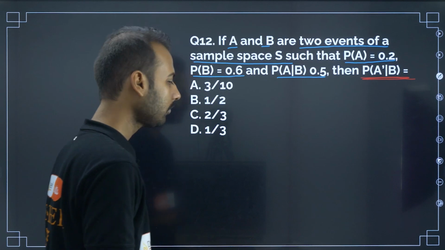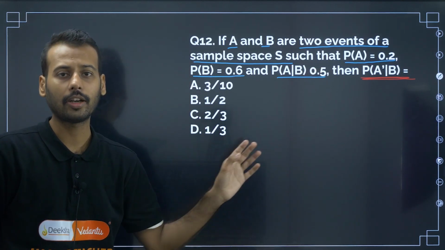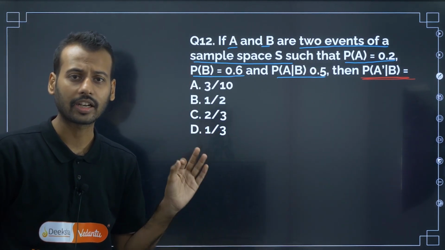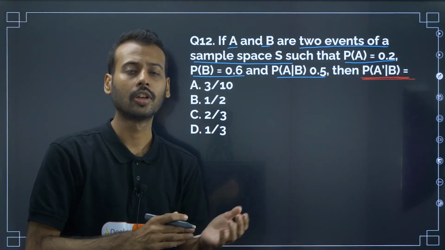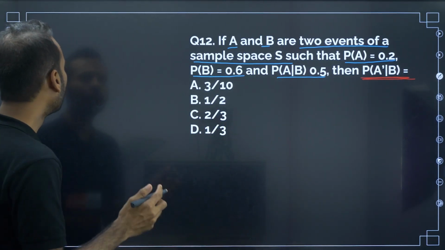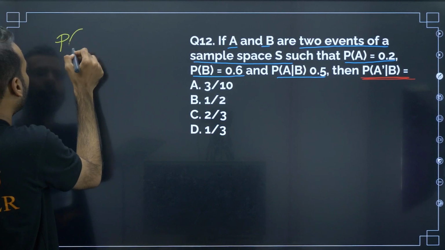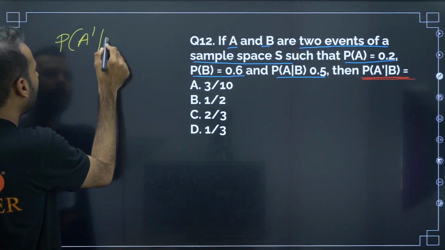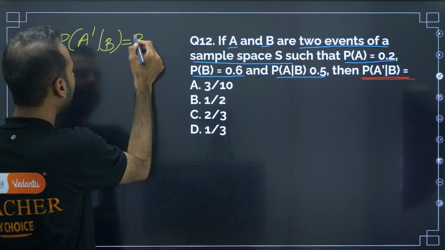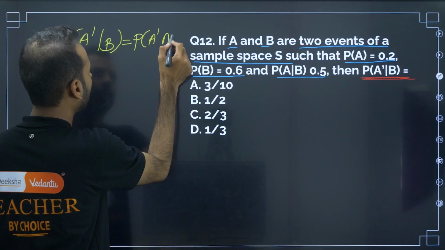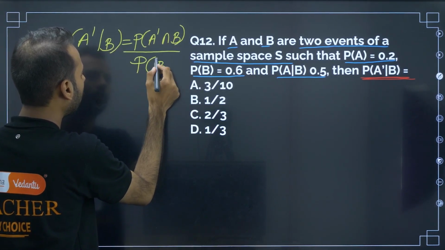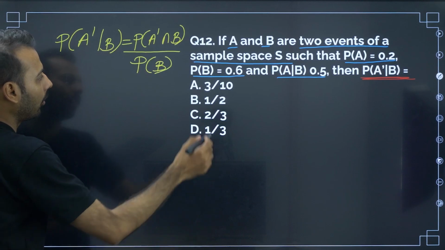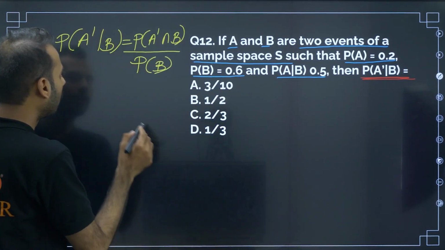This is conditional probability, a very important topic. Please go through the synopsis. Now probability of A dash given B is equal to probability of A dash and B divided by probability of B.